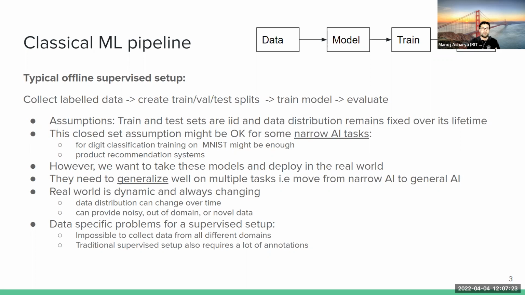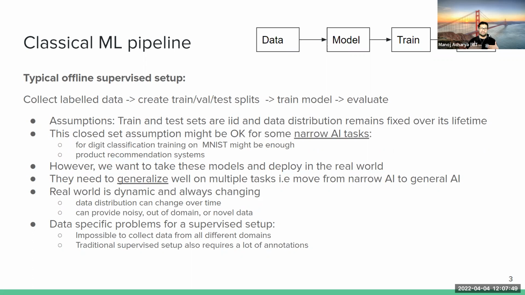For example, if you are doing something very simple such as disease classification, you might get away by just training your model on MNIST dataset. Or let's say you are doing some product recommendation systems, then just working with a very closed set of dataset might be enough, right?